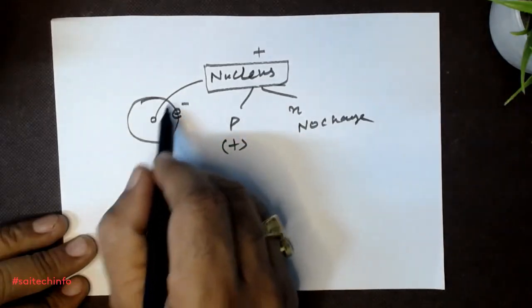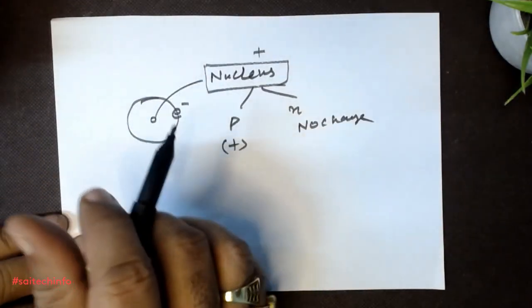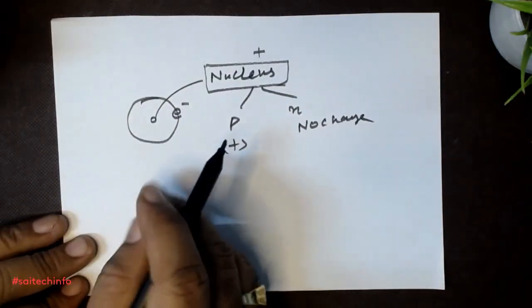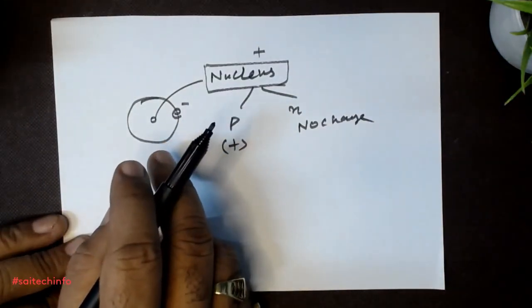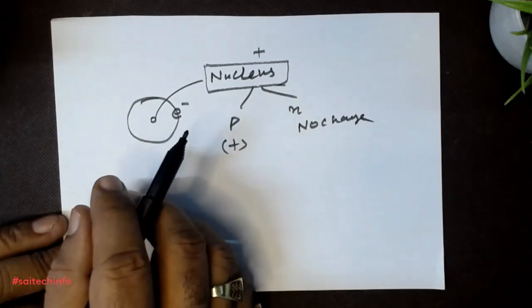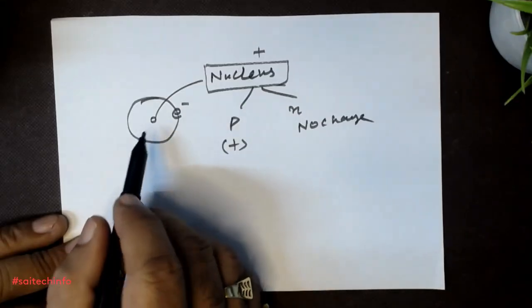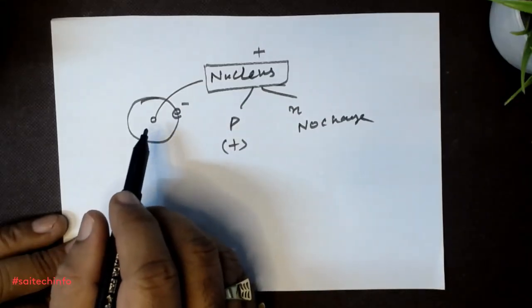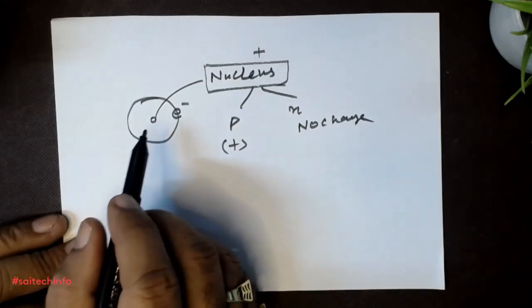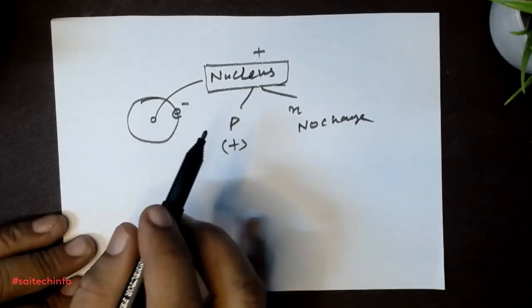And what about the electron? Negative charge. So there is always an interaction between the nucleus and the electrons, and that is why these electrons are under the control of the nucleus. And that is why we call it the effective nuclear charge, meaning how much influence can be shown by the nucleus on the electron.